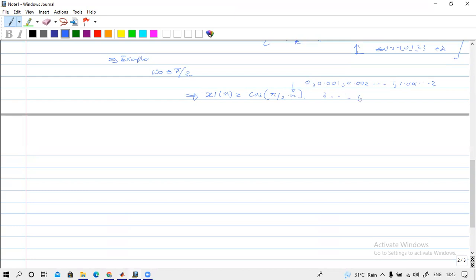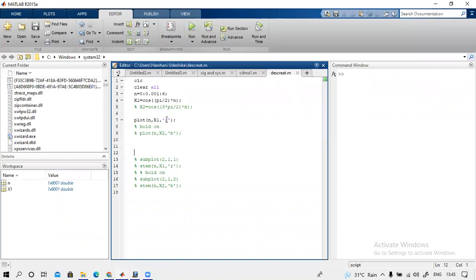You now know MATLAB, we have done it in Signals and Systems 1, which is why I use MATLAB plotting. Here I have defined n, and now I'm going to plot it.